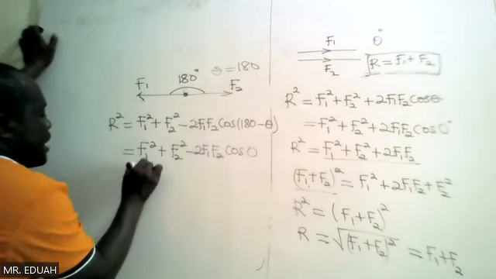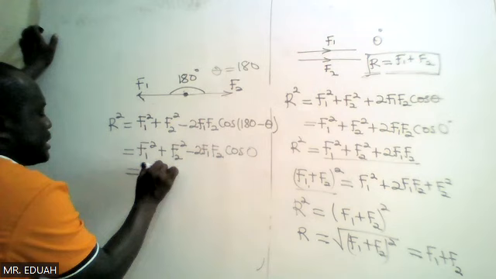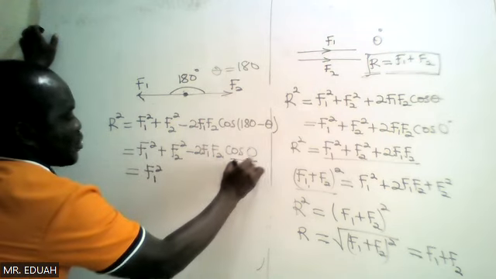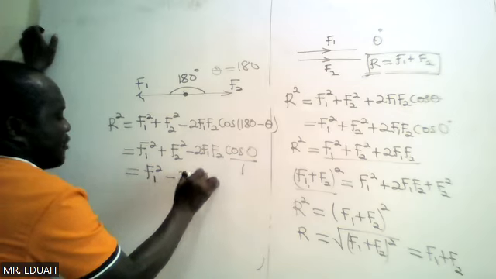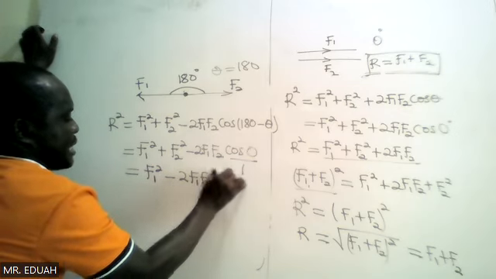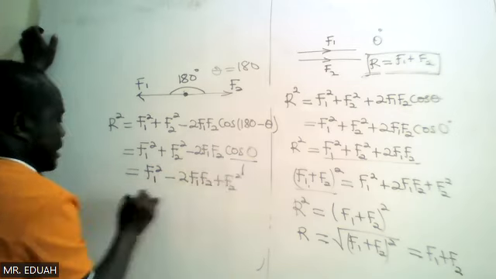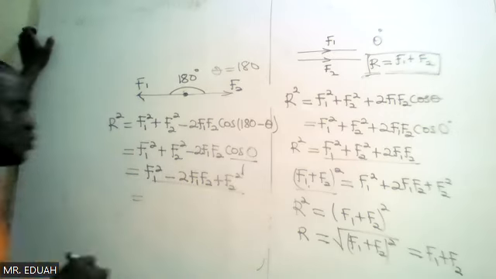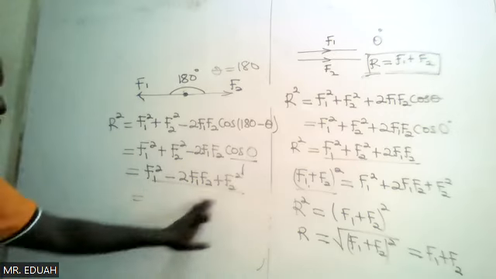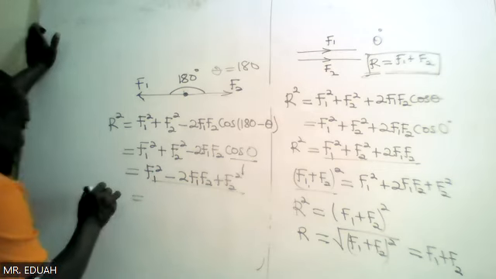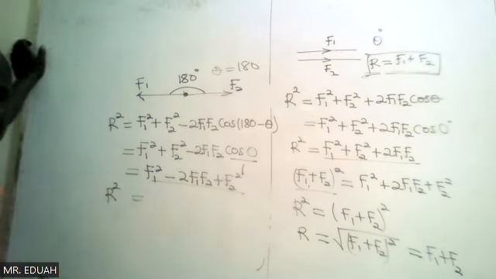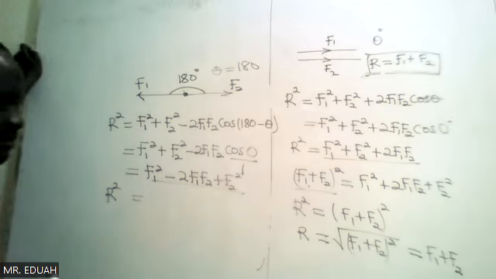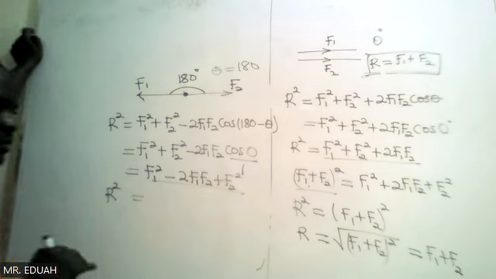So you have F1 squared minus 2F1 F2 plus F2 squared. And this underlined part is equal to what?